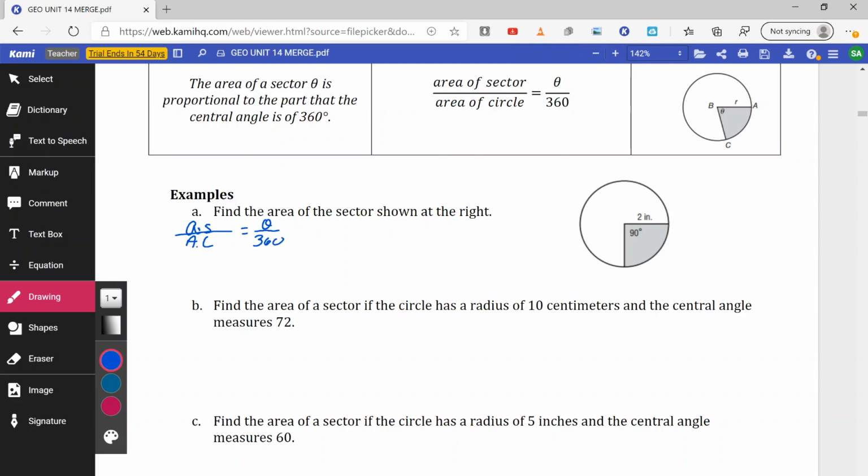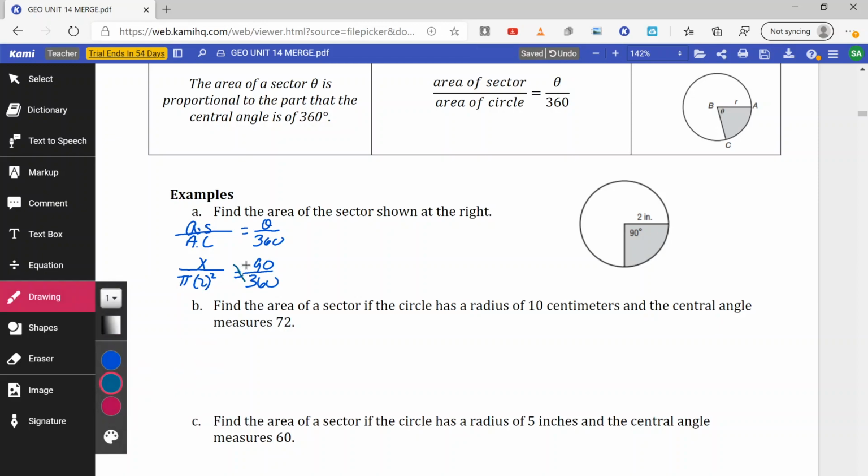Now we don't know what the area of our sector is, so that's our unknown x. The area of the circle is pi times my radius squared, and the radius in this case is 2, squared, is equal to my central angle, 90 over 360.